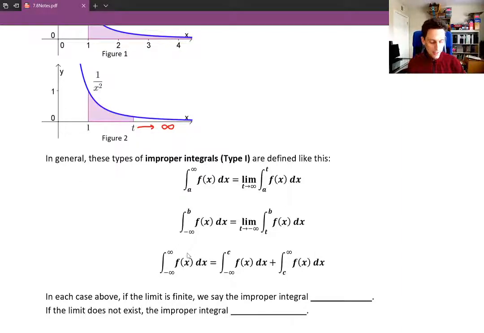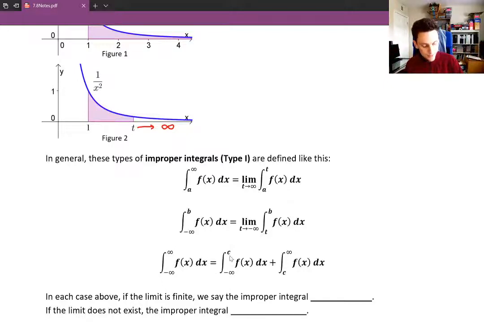Now the third case that we're going to take a look at is from negative infinity to infinity. So this is the area under the whole curve from negative infinity to infinity. And for that, what we'll do is split the interval up into 2 intervals, one on the left side and one on the right side.